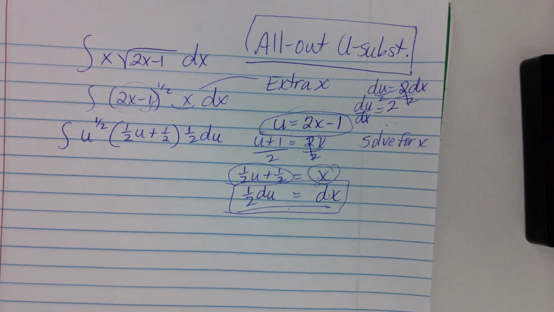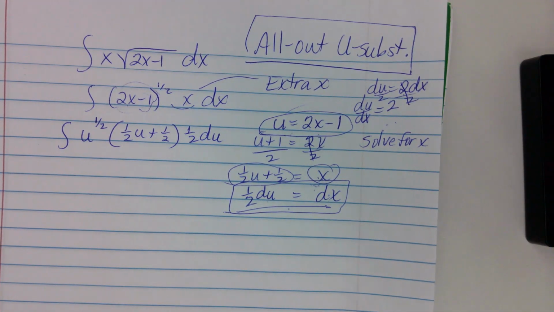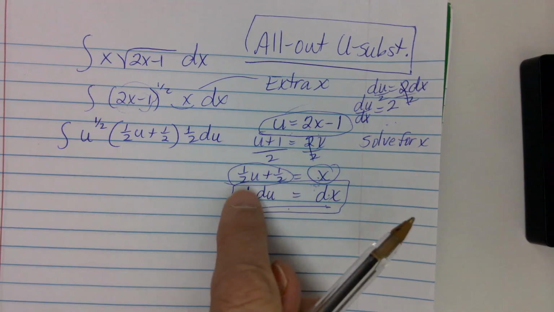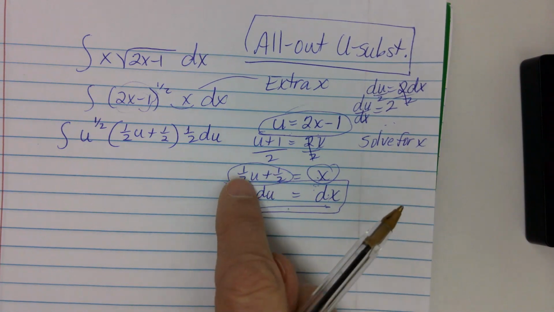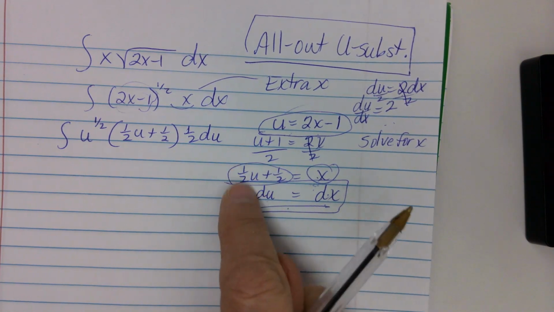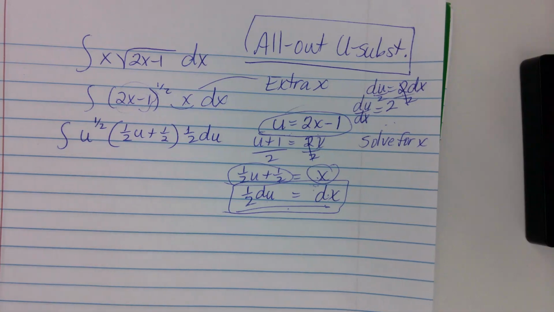So now I'm changing everything that had an x in it into a u. Question? Where did the other 1/2 go to get 1/2 du? It's a coefficient in the derivative for the du.